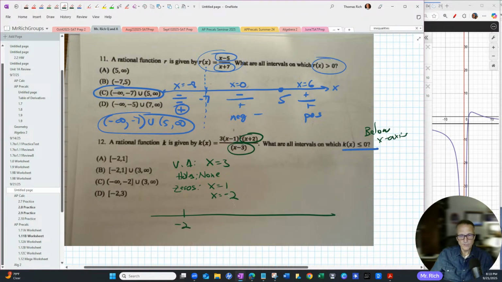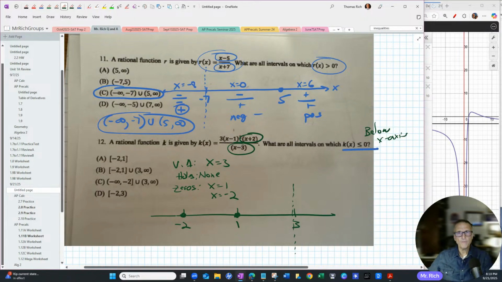So -2 moving left to right, and then I've got an x equals 1 and an x equals 3. At x equals 3 is where we have a vertical asymptote, so I'm going to remind myself of that by putting a dashed line. These are zeros, so the function will be touching the x-axis right there.